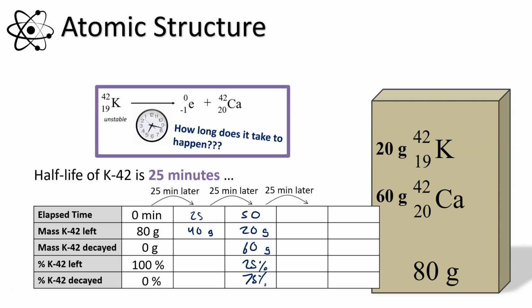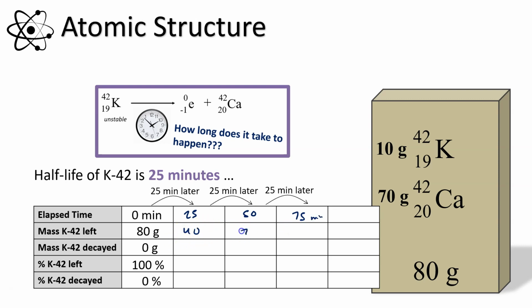We're going to do one more of these splits just to make sure you can see the patterns developing here. So we're waiting an additional 25 minutes on top of the 50 that just happened. My 20 grams of potassium splits in half again to 10. That means 70 grams is now calcium. So almost this entire block is now calcium. So we've gone 25, 50, 75 total elapsed minutes.